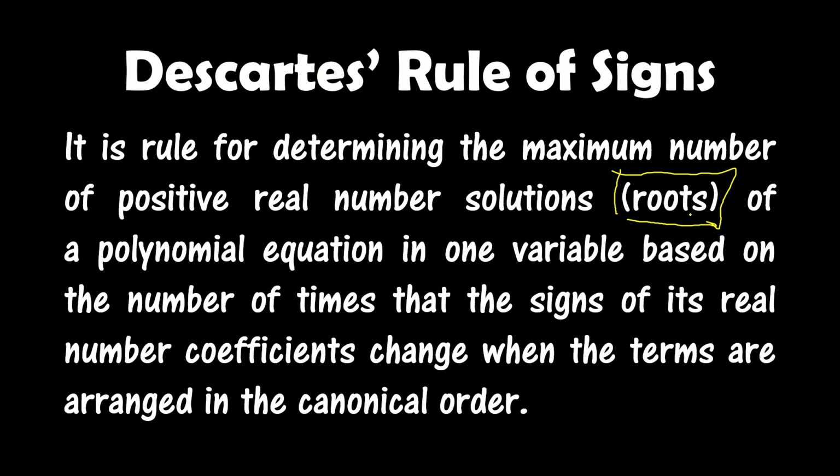Now, another term that is a bit unusual here is canonical order. When we say canonical order, it is not related to the church or to the music of Beethoven. Canonical order means the terms of the function are arranged from the term with the highest exponent down to the constant term, or the term with the lowest exponent.